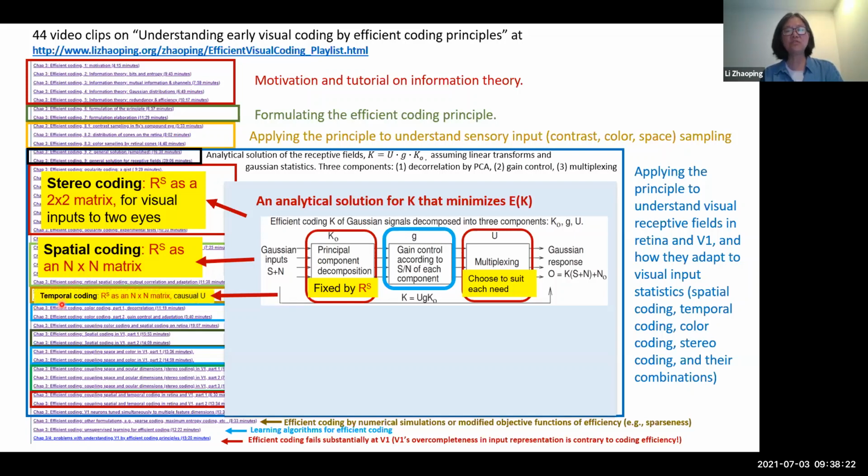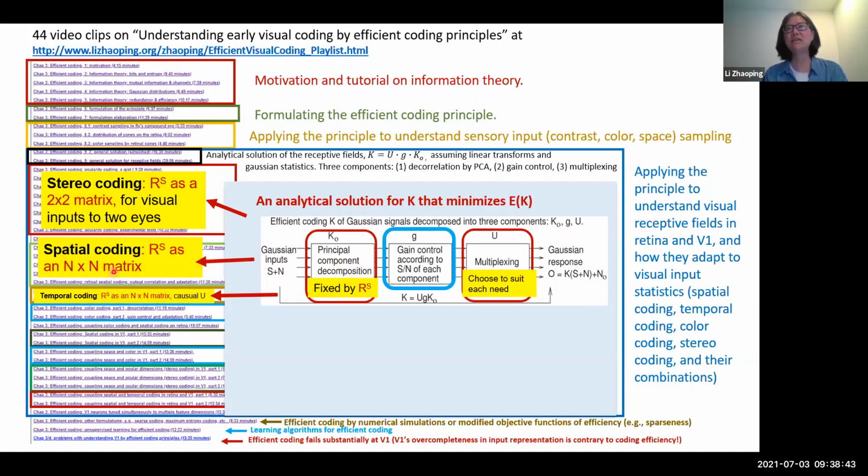And you can also have temporal coding, n time points. Except there's something additional compared to spatial coding, because the receptive field has to be causal. It cannot be acausal, because the response O depends only on the past input signal S, not on the future.